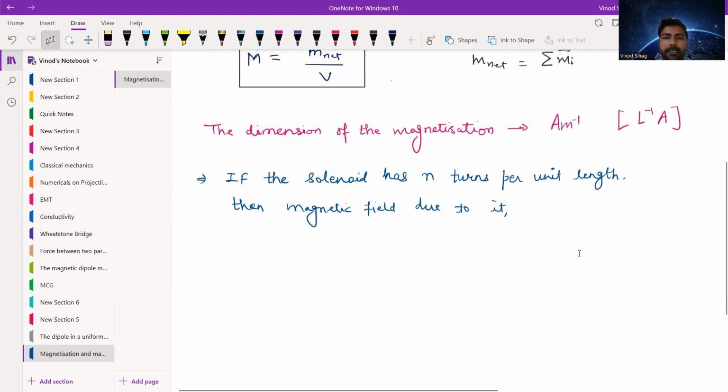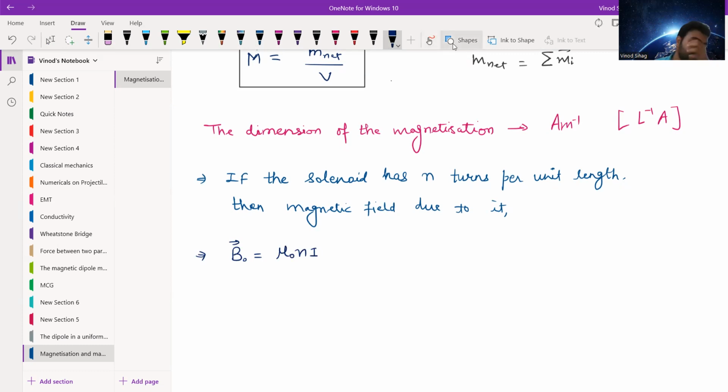We all know that it is mu naught n I. This will be the magnetic field due to a solenoid.